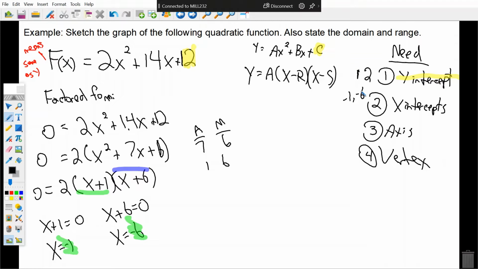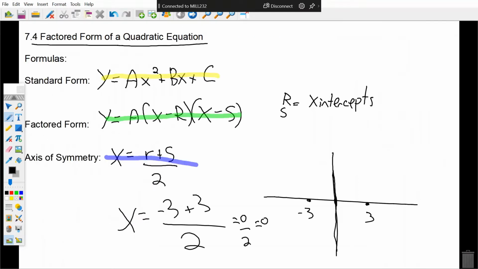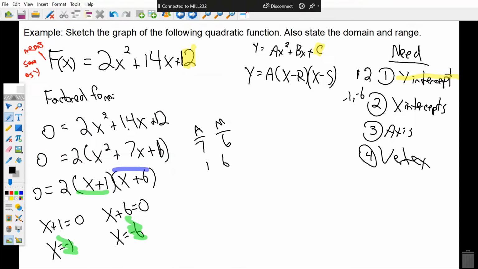Once you have the x-intercepts, the next step is to find the axis of symmetry. If you recall, the axis of symmetry is we add the two intercepts up and we divide by 2, because it's got to give us the middle point there.